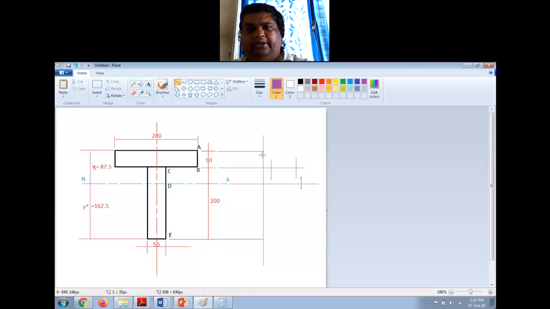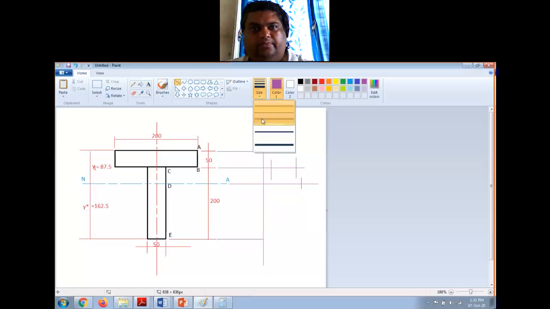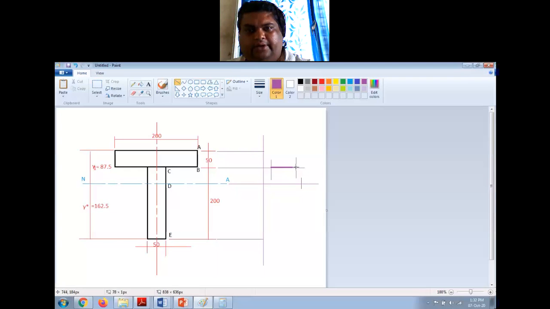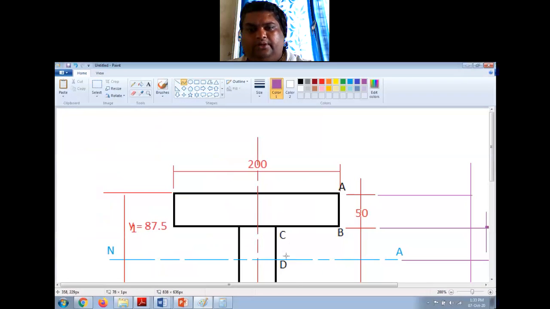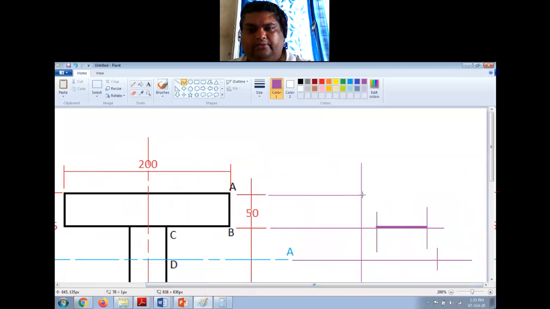So it should be a curve like this. So first I will draw a straight line here, right? At the junction C and B, there is a sudden rise in the shear stress, and here it will be a parabolic curve, and from here to here it is a parabolic curve. So let us show this as a parabolic curve.